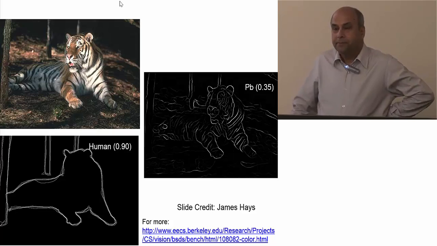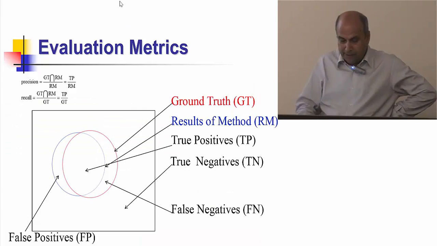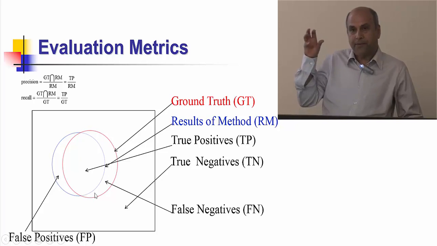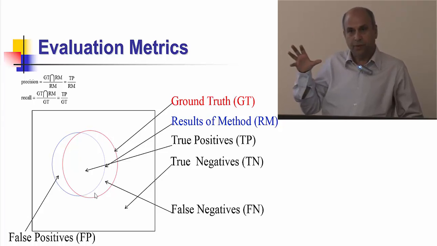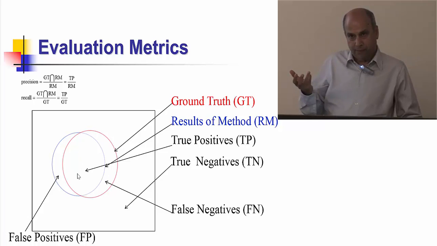Could you say a little bit more about what recall means? Recall means this is the intersection between your ground truth, which is shown in red, the set of points determined by the ground truth, which we know for sure are edges, and the blue one, which is what the program found.